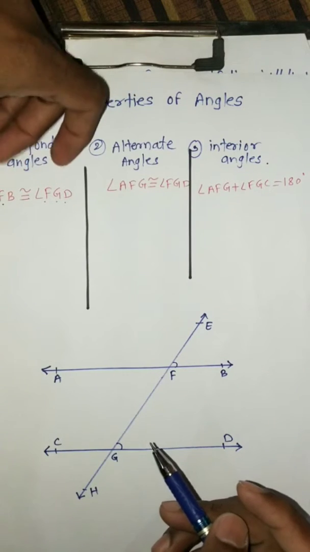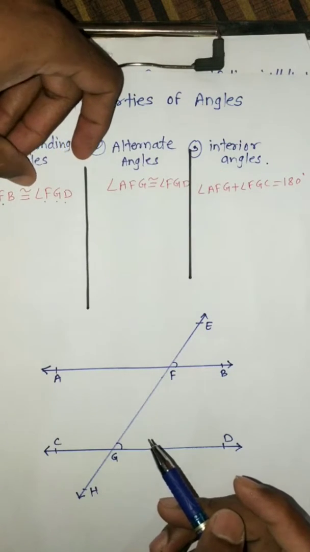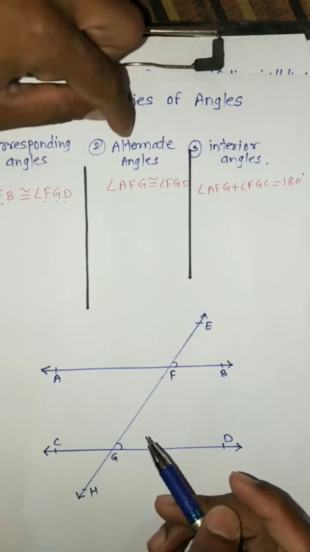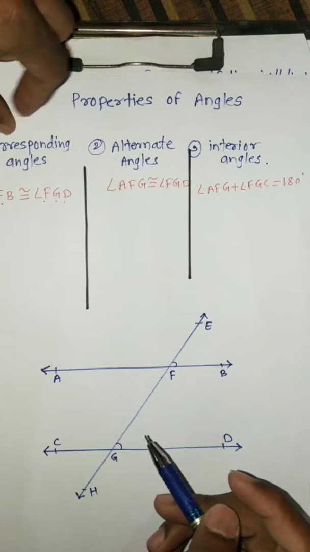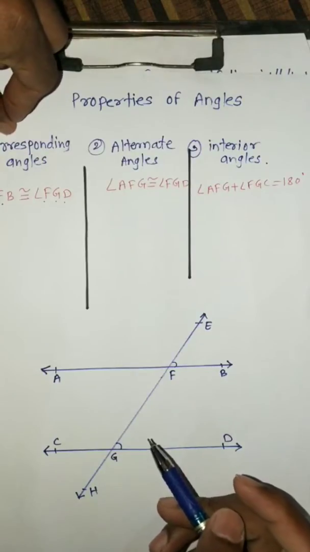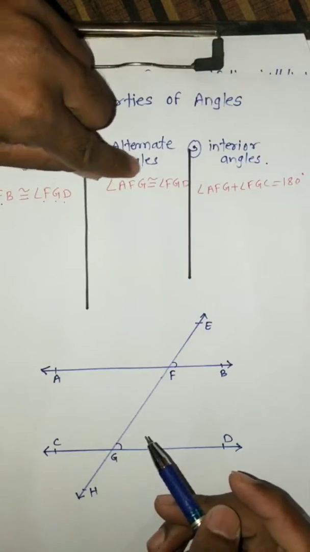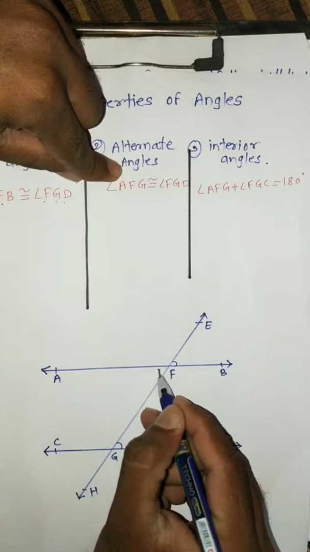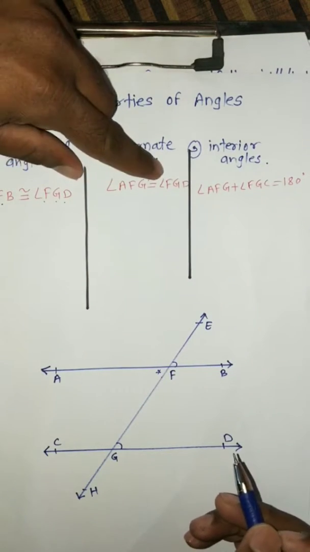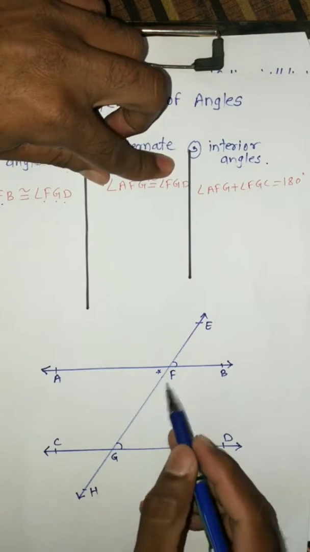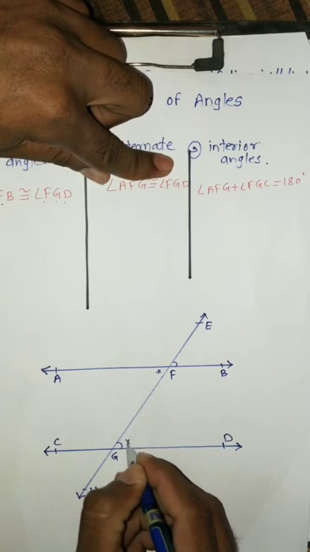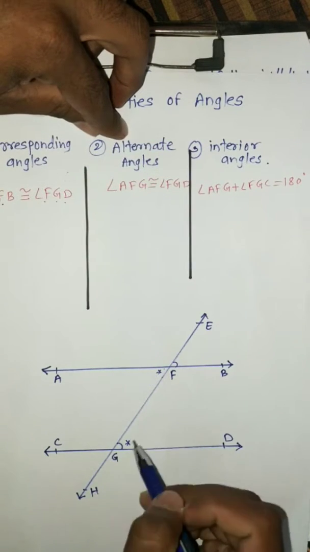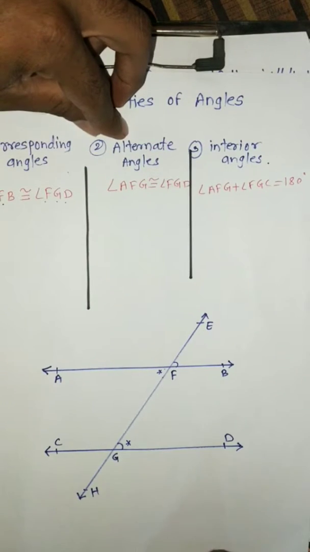That is why angle EFB is equal to angle FGD. The alternate angles have the same property. Angle AFG and angle FGD are alternate angles and these two angles have equal measurement.